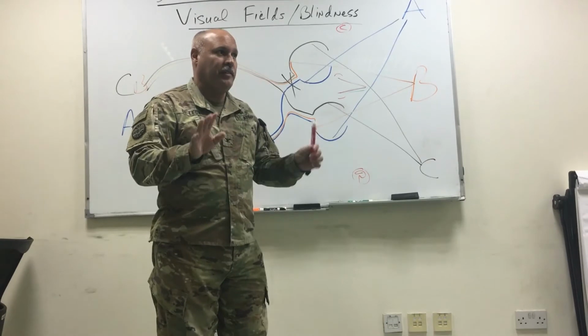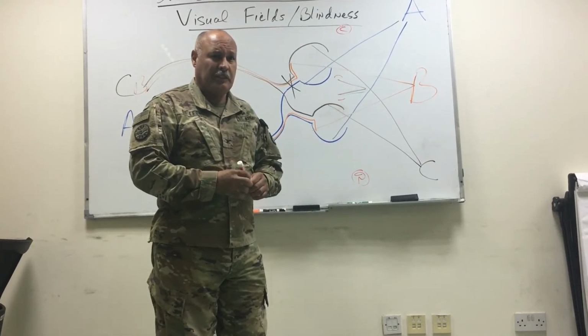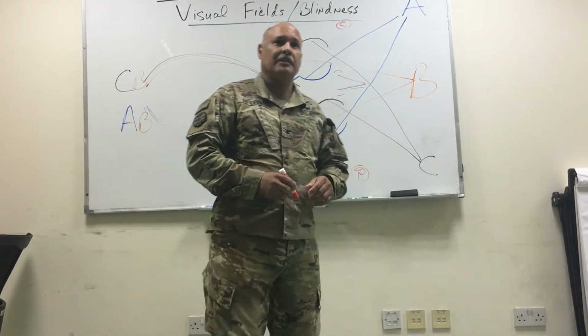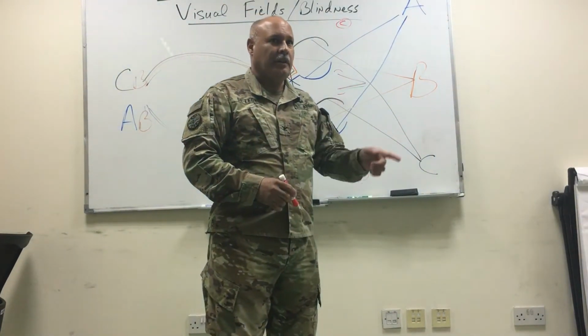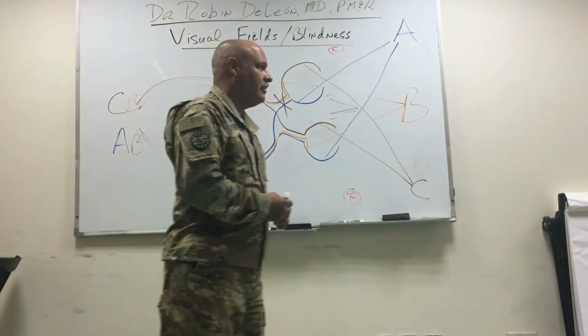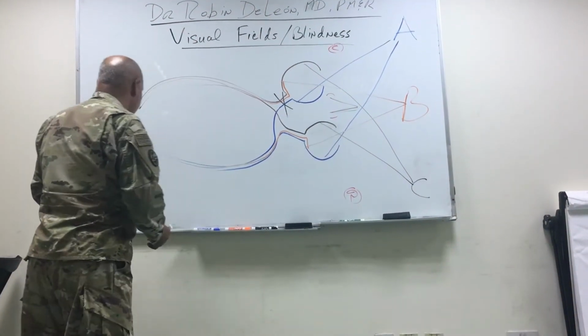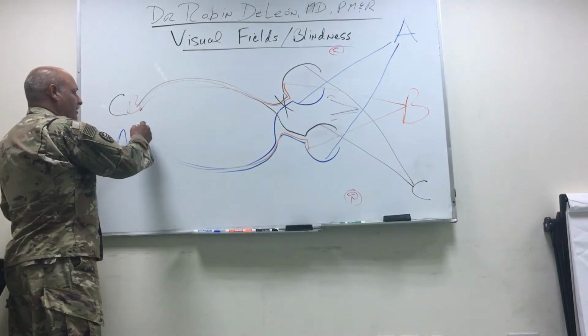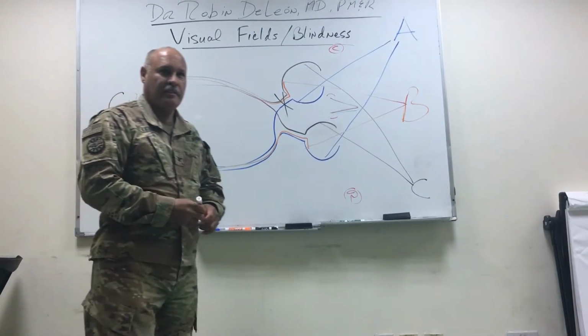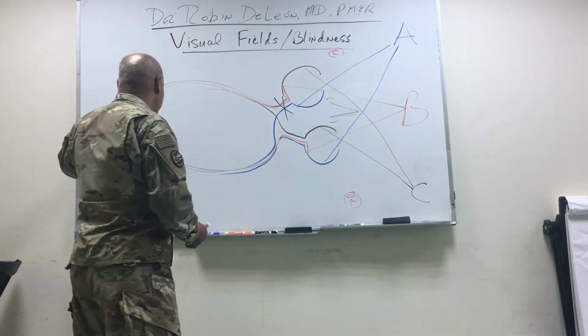In this case, we're going to say left eye for a different reason. But we'll say he woke up with blindness in his left eye, except he wasn't blind in his left eye. He had a stroke in his occiput.